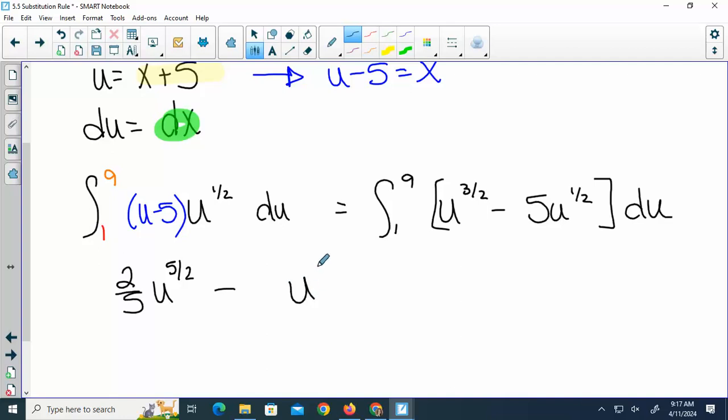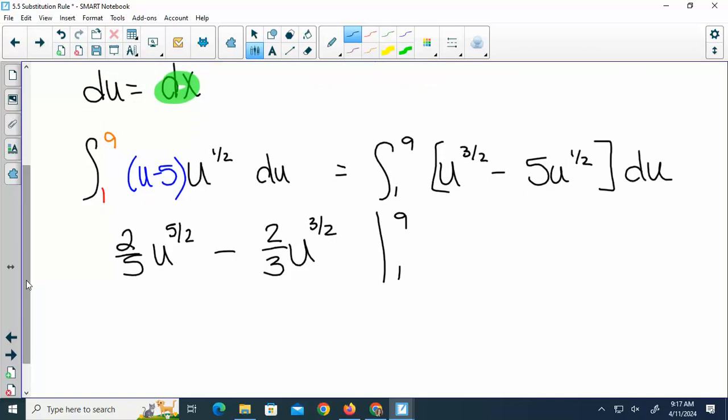Minus 1/2 plus 1, so 1 over 2 plus 2 over 2 is 3 over 2. Reciprocal in front. Oh, thank you. 5 times 2 would be 10 over 3.